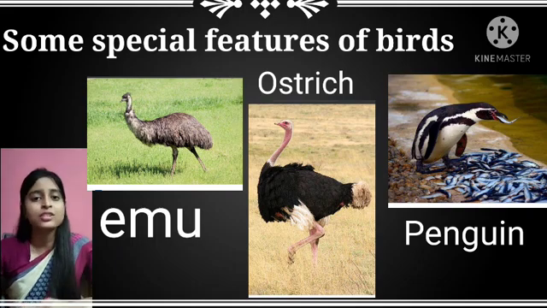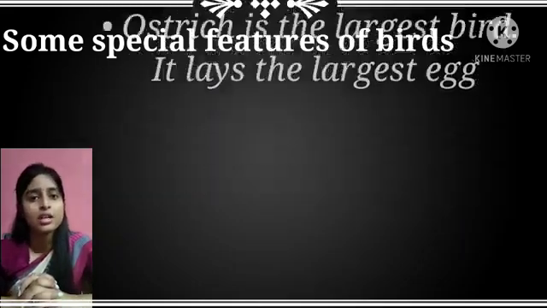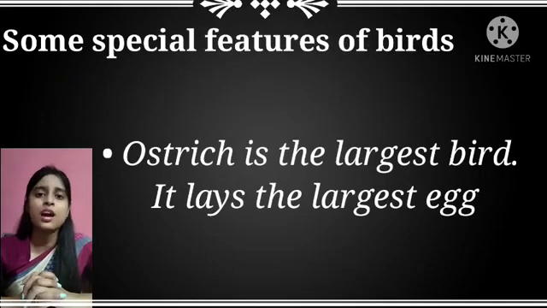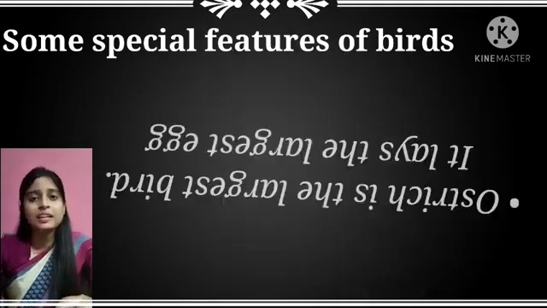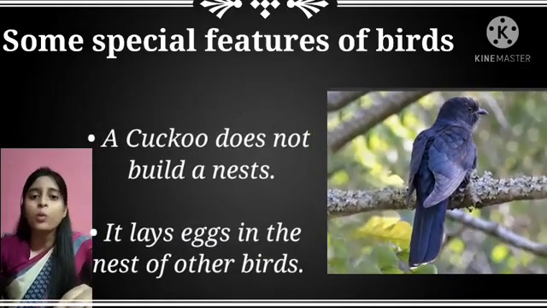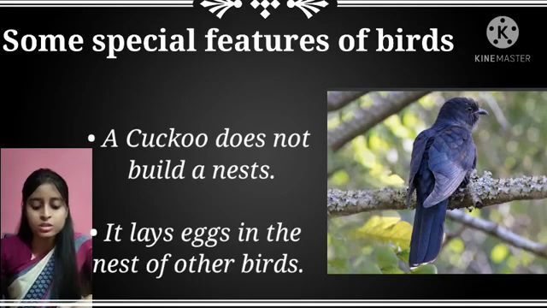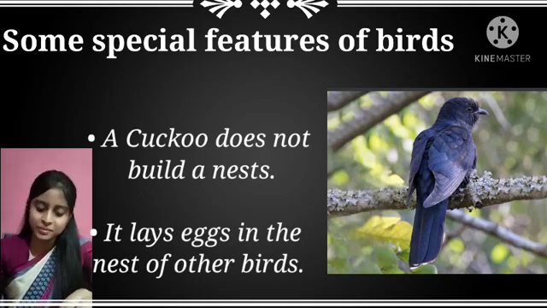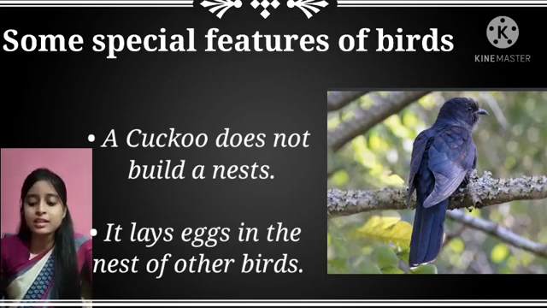The eggs of the ostrich are very large, and the ostrich is also known as the largest bird. A cuckoo does not build a nest, as I have taught you. It lays eggs in the nest of other birds.